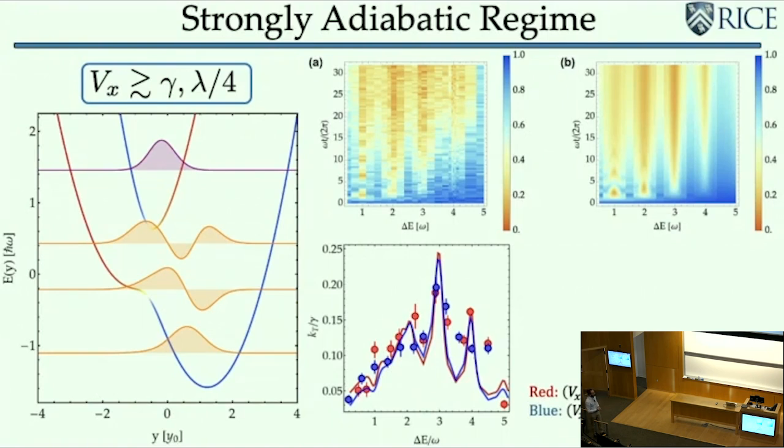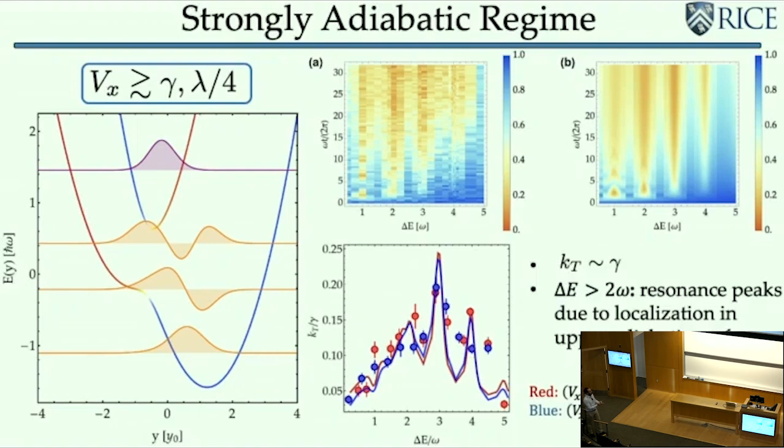And we can see that if you rescale the transfer rate with gamma, these two data sets lie on top of each other, which means that in this case the bottleneck is really the environment, which is very different from the Fermi golden rule regime.